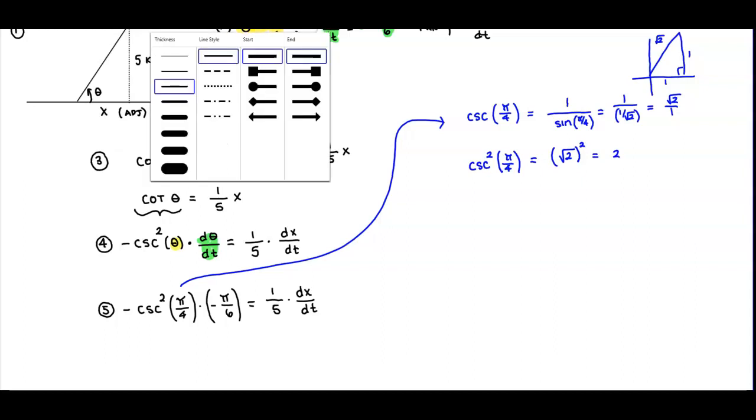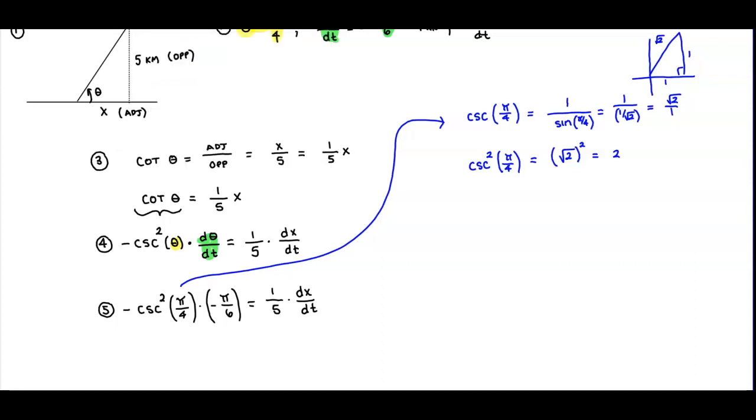Now we can evaluate this equation. So this is negative 2 times negative pi over 6, and that's equal to 1/5 times dx over dt.